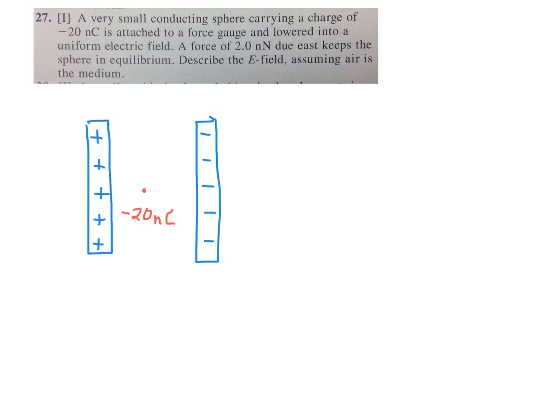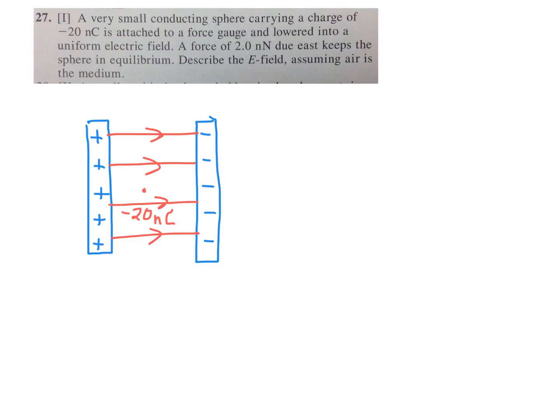And in general, or specific, the parallel plates always have an electric field, by definition, from positive to negative. So if we were to draw it, it would look like this: uniform, equally spaced, and the negative 20 nanocoulomb charge, it wouldn't matter where I put it, dead center, towards the left, towards the right, it would still have the same force everywhere in that field.